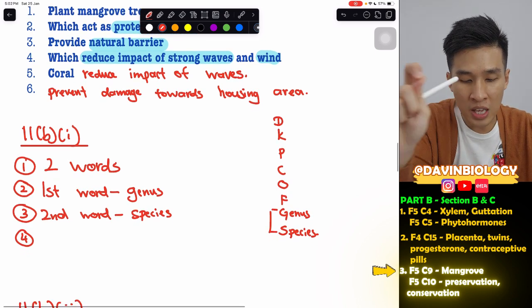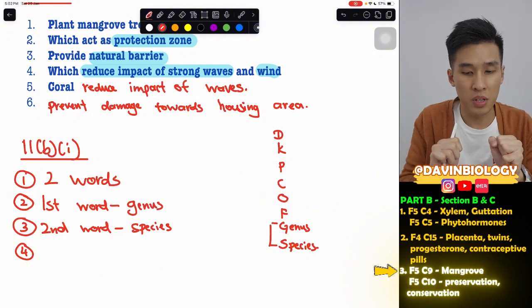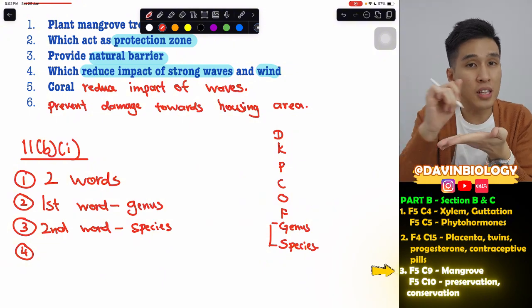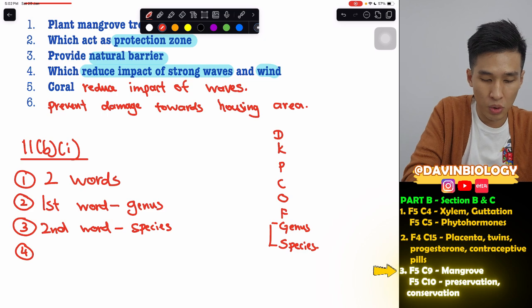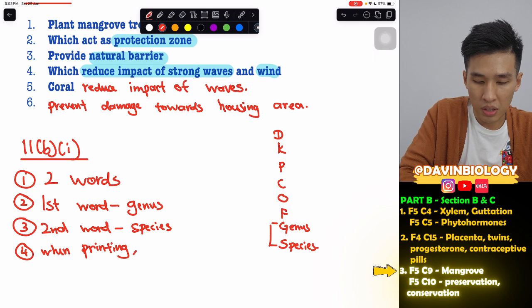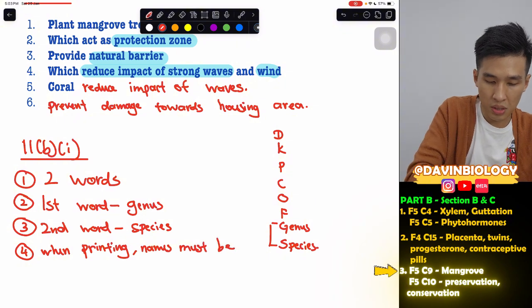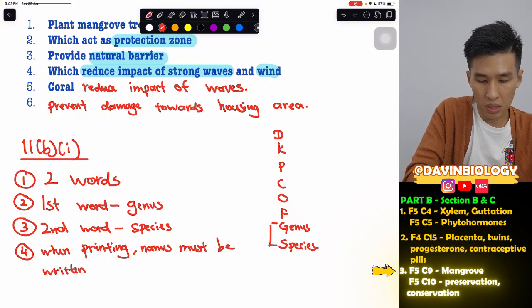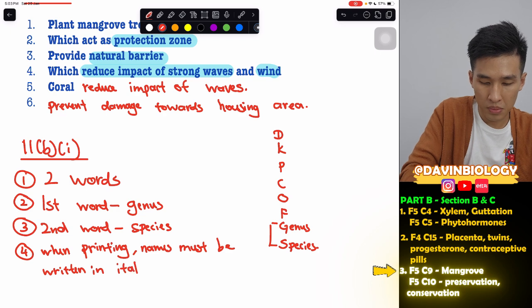So when we write the name, there are two ways. In printed form, it must be italic. When writing by hand, you must underline. So printed names must be written in italic form.